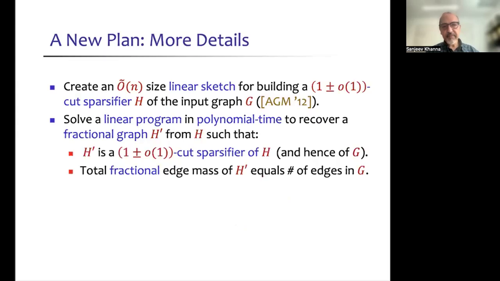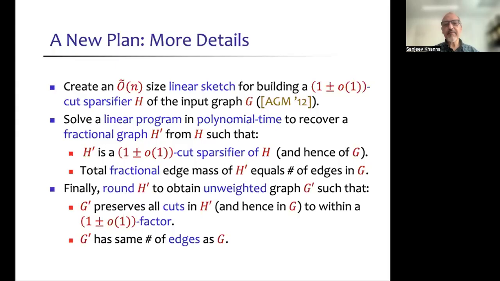In step 2, which is happening in the post-processing stage, we solve a linear program in polynomial time to recover a fractional graph H prime from H that is the weight-preserving cut sparsifier of H. So each edge in H prime is assigned a fraction between 0 and 1, and these fractions add up to the total weight of the edges in H. In the third step, we round this fractional graph H prime to obtain an unweighted graph G prime, such that G prime is the weight-preserving cut sparsifier of H prime.